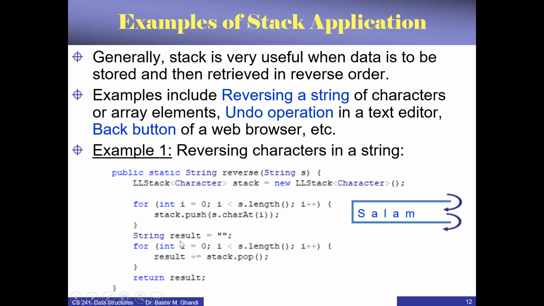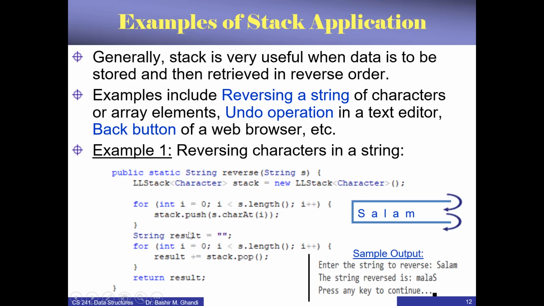So here we start by initializing an empty string, and then we do another loop for i from 0 to the length of the original string: pop a character from the stack, so it's going to be M, add it to the empty string, so the string result will now have only M. Then pop the next top character, which is A, and append it to the result, and so on and so forth. By the end of the loop, we will have all the characters popped out and appended to result. Just return the result.